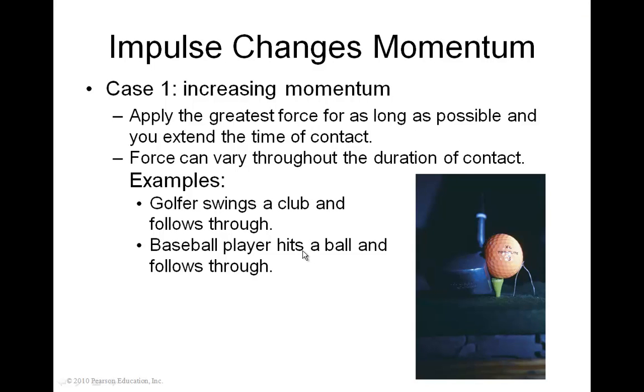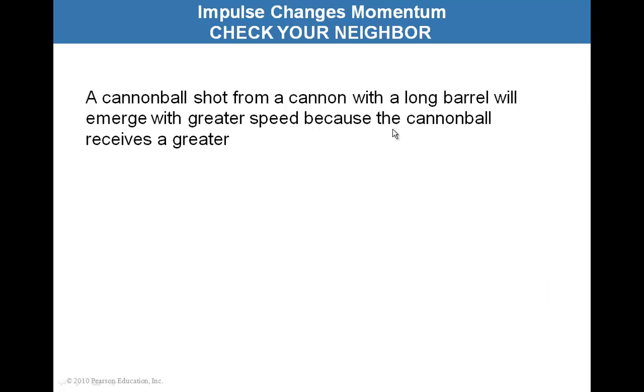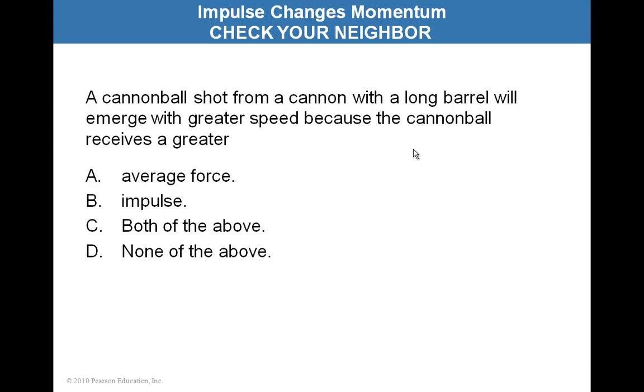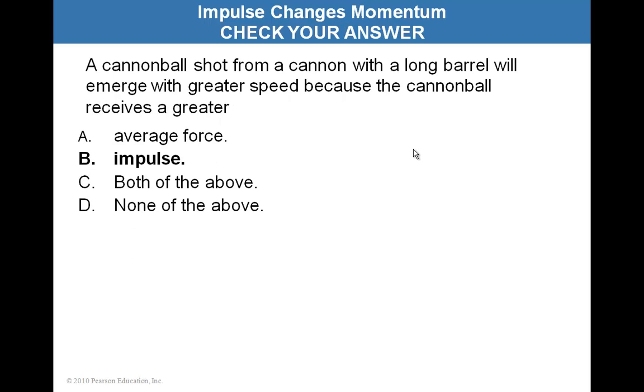So why would we have more speed if we had a long barrel? Well, the answer is it has a greater impulse. It's the same force, but over a longer period of time, just like the baseball player.